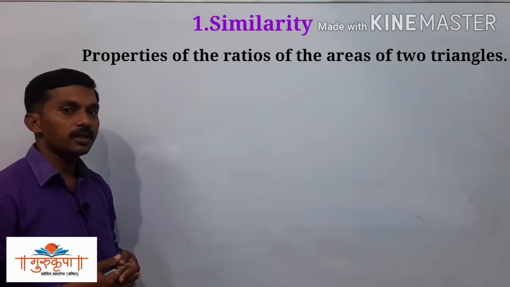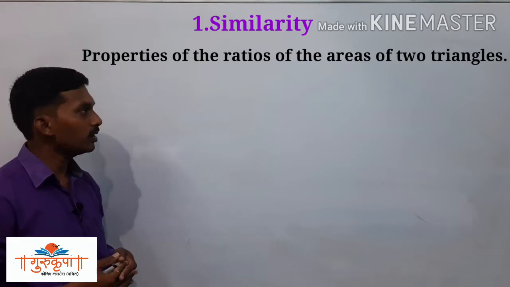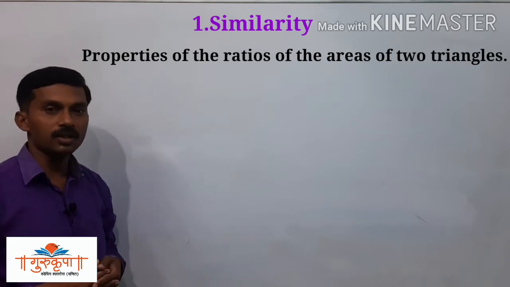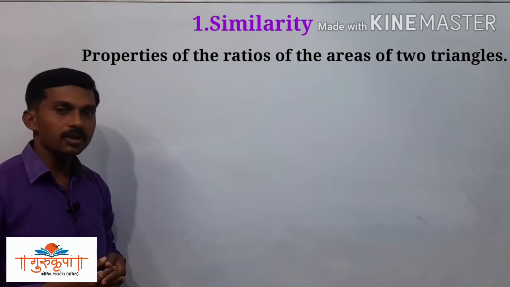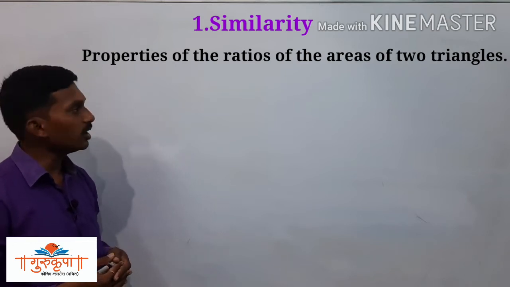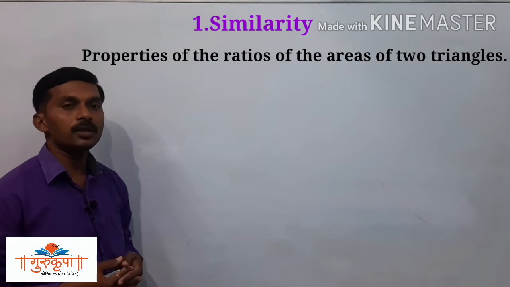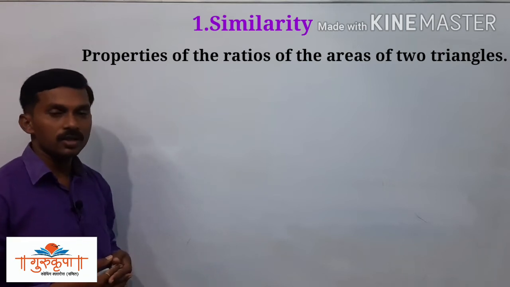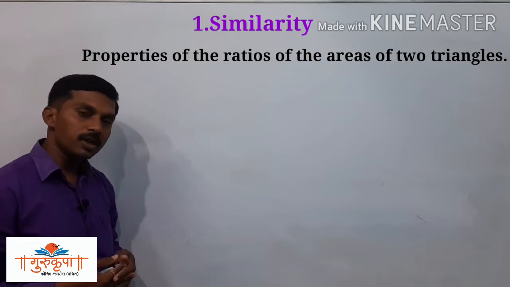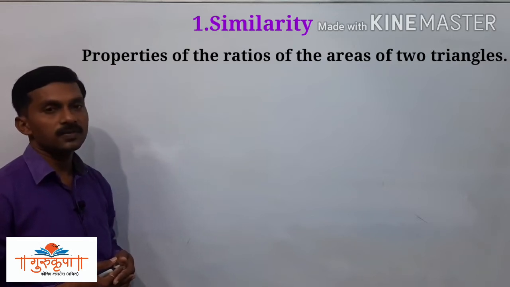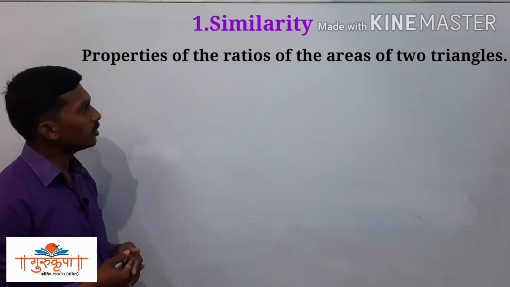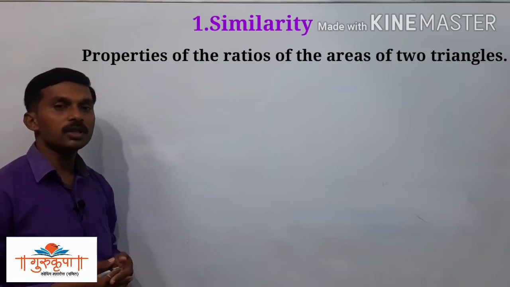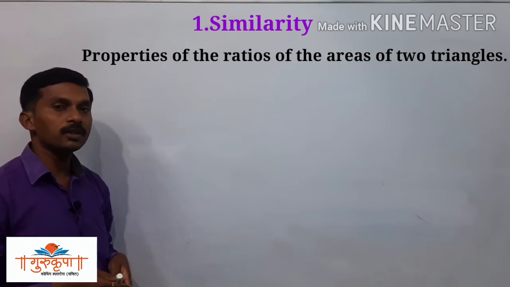Yesterday we studied the properties of the ratios of the areas of two triangles. We studied the four properties related with the ratio of the areas of two triangles. The first property is the ratio of the areas of two triangles is equal to the product of the ratio of their corresponding heights and corresponding bases.